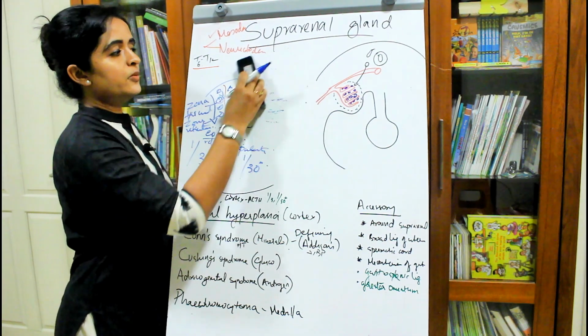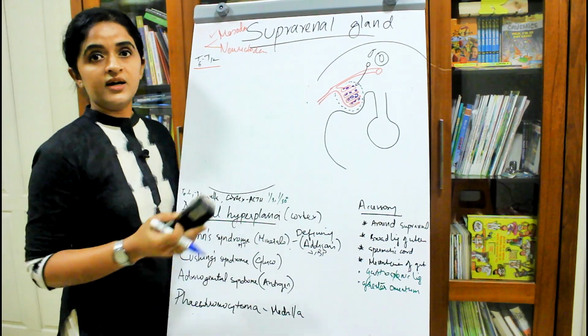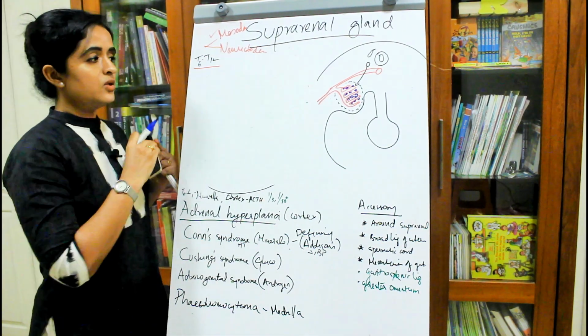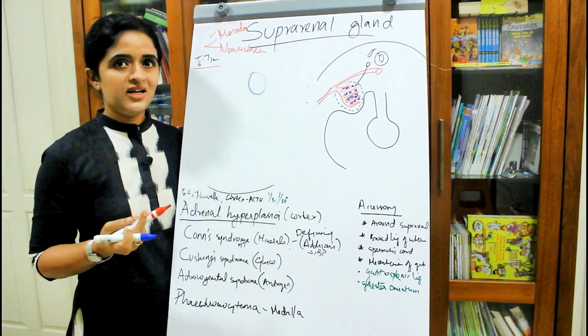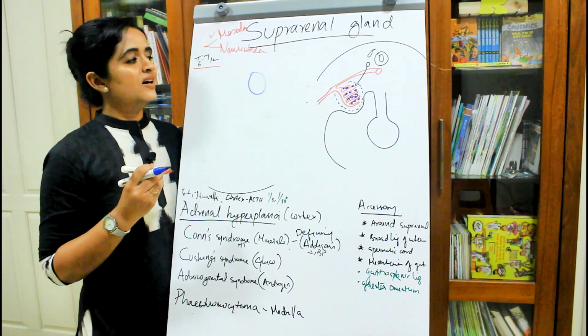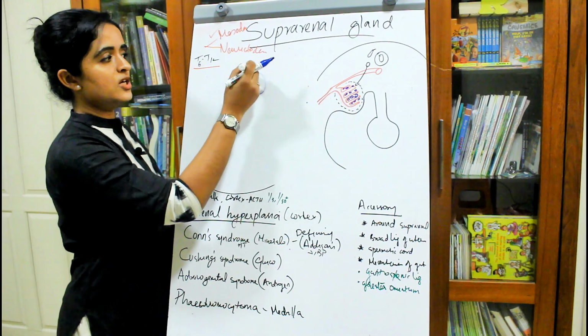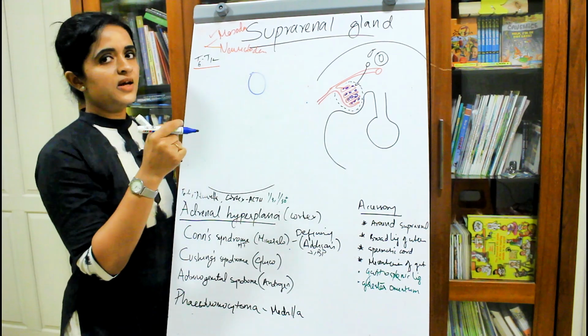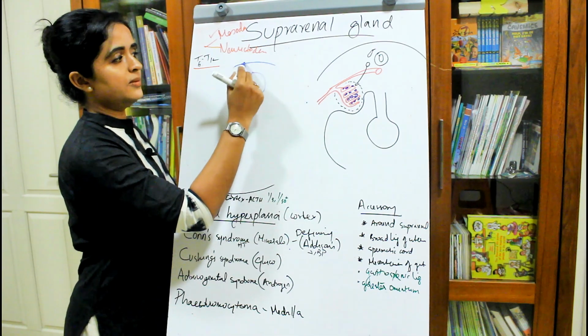Before moving on to the suprarenal medulla, you should know what the neural crest cells are. So you have the neural tube here. I will be talking in detail about the neural crest cell, its formation and derivatives later, but for the time being, I would like to mention some important points. The neural tube is formed from the ectoderm.